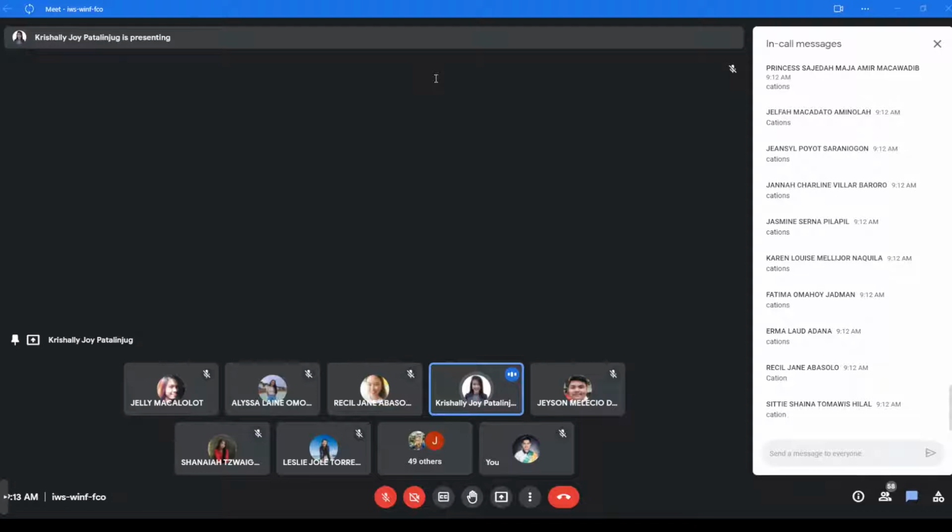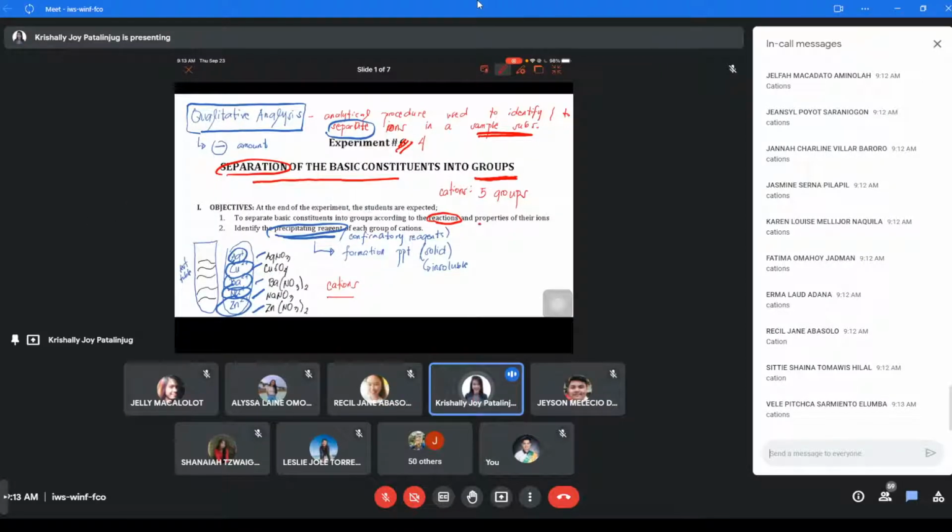And when we talk about groups, in the laboratory field, the cations have 5 groups. The cations, we can classify them into 5 groups, based on their reactions, based on their properties.